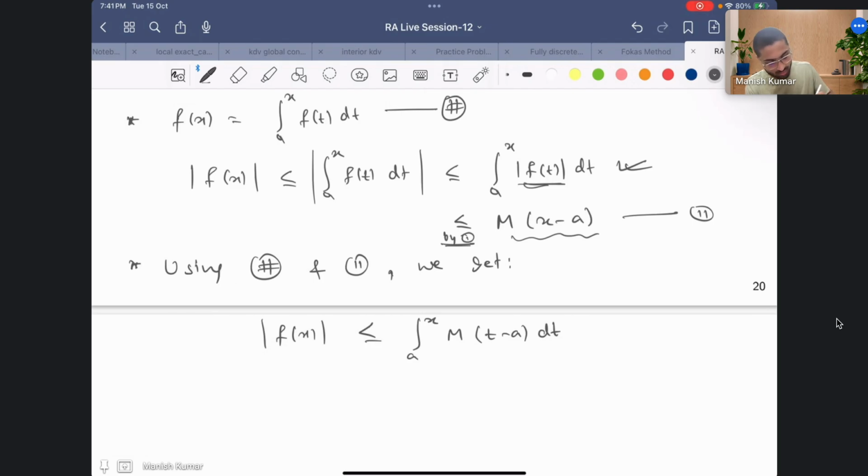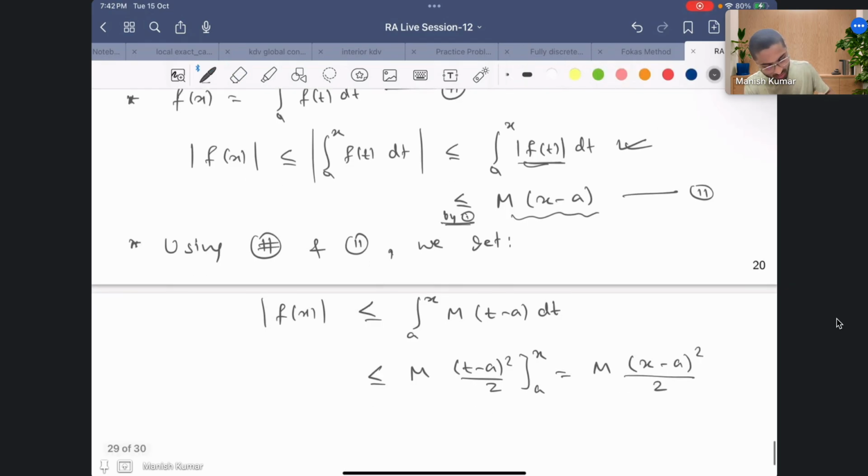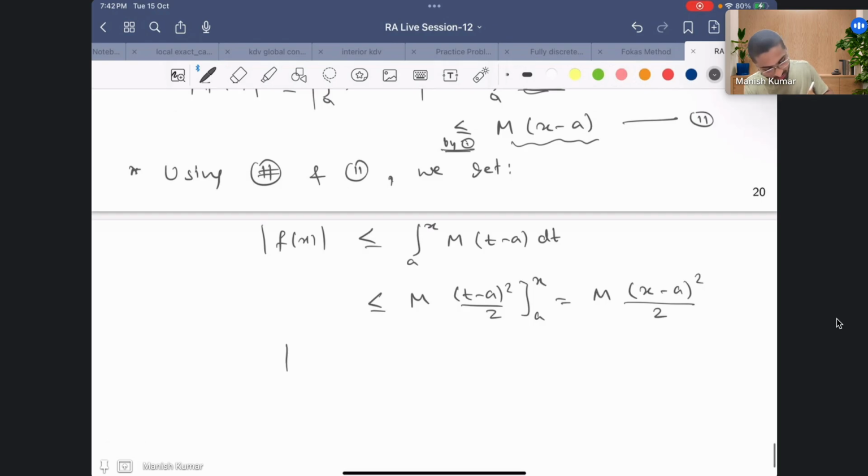If I integrate t minus a, I'll get (t minus a) squared by 2 from a to x, and this is nothing but M times (x minus a) squared by 2. So |f(x)| is less than or equal to M times (x minus a) squared by 2.